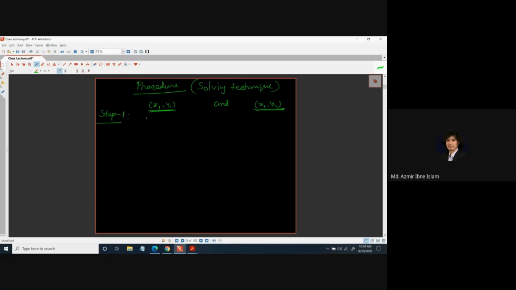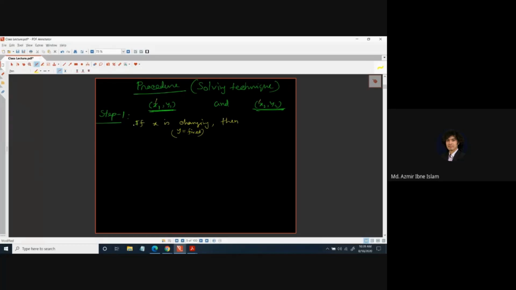You will understand if we move to a problem or example, but for now, try to understand that if x values are changing and y is fixed, remember x1 and x2 are different, but y1 and y2 are the same.